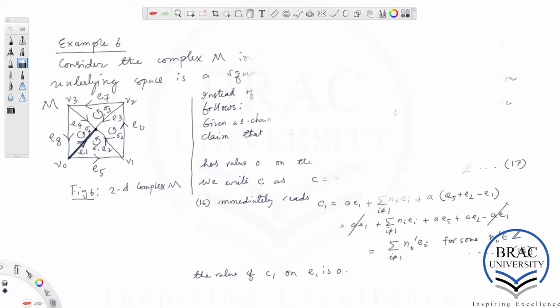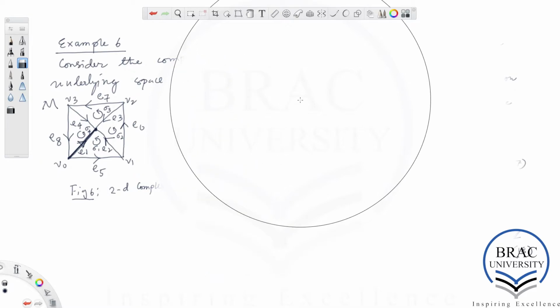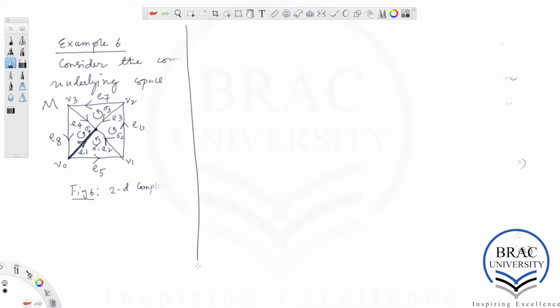So let me erase this spot. I need to keep the figure. One says that one "pushes C off E1" by adding a boundary term to it.